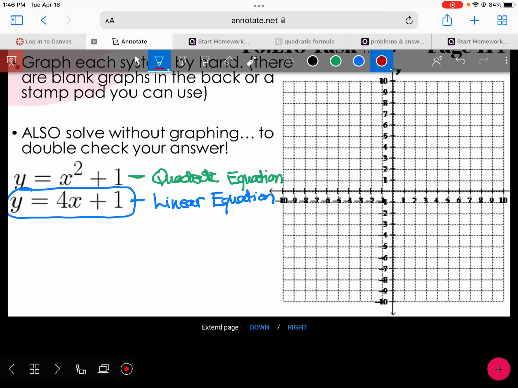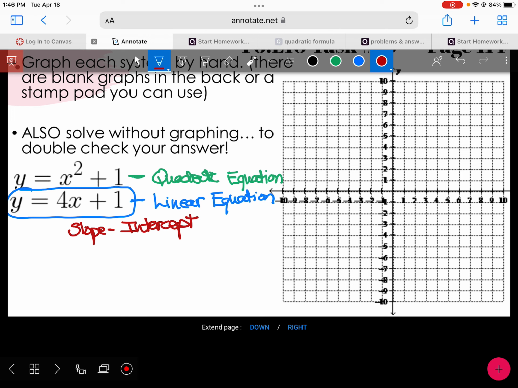Is it in a good form now? Does anybody recall what that's called? Very good. Slope-intercept form, which means we should be able to get the y-intercept and the slope from that form.